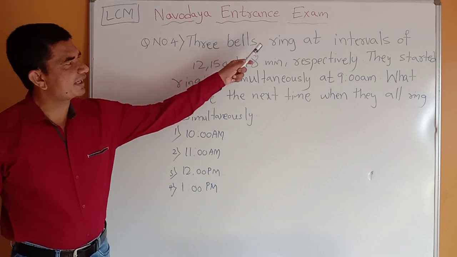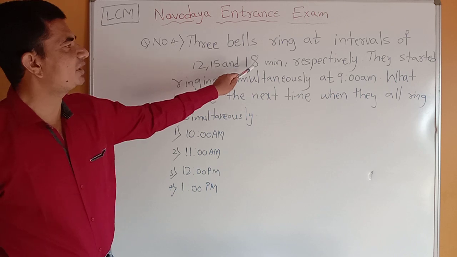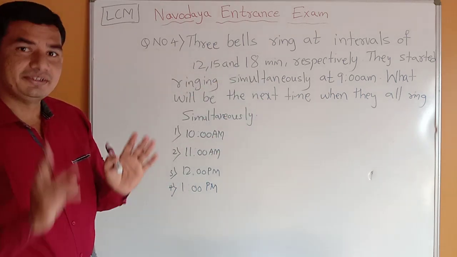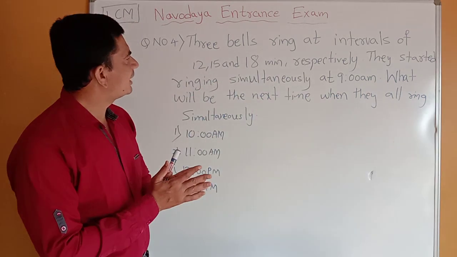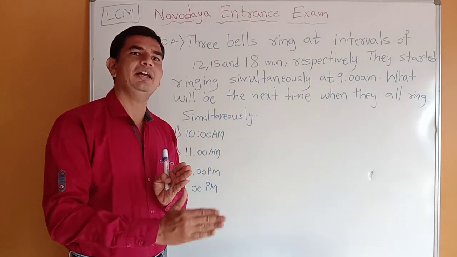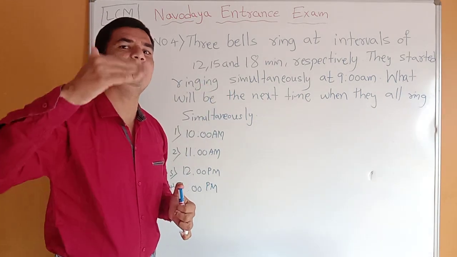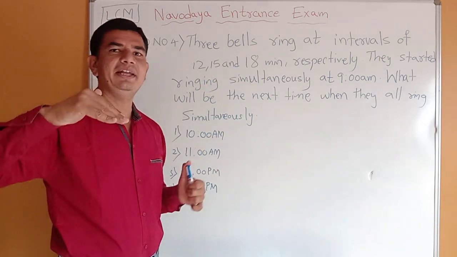3 bells ring at intervals of 12, 15 and 18 minutes respectively. 3 bells are there. One bell will ring after every 12 minutes, the second bell will ring after every 15 minutes, and the third bell after 18 minutes.